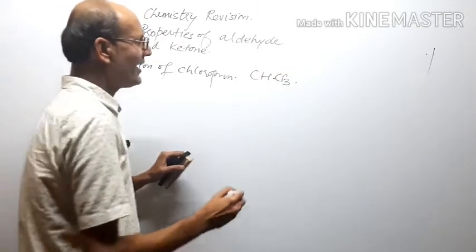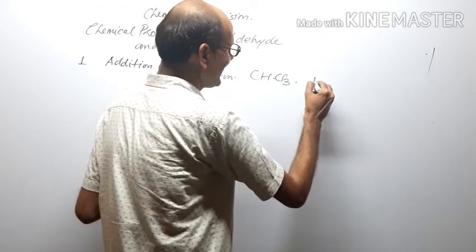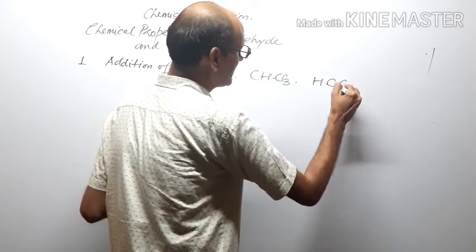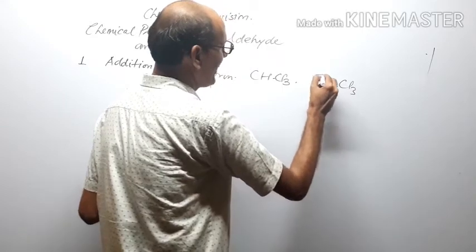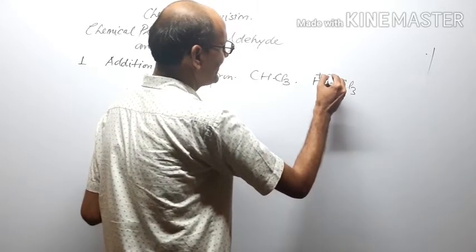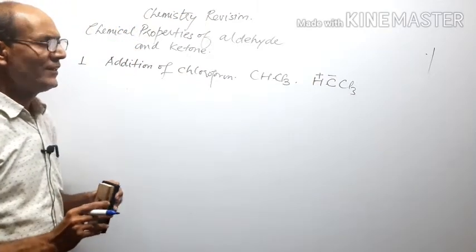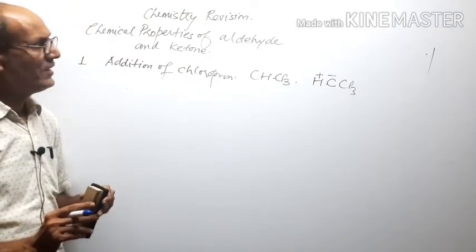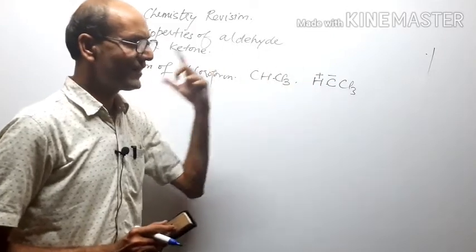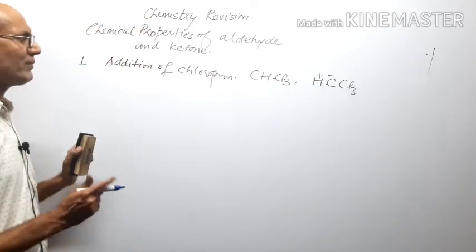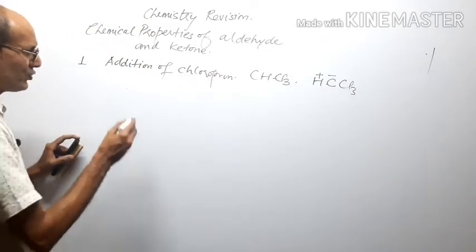If we write the structure, we can write it like this: H-CCl3. This is the positive part and this is the negative part. That means CCl3 is the nucleophile and CCl3 will attack at the carbonyl carbon of aldehyde and ketone.